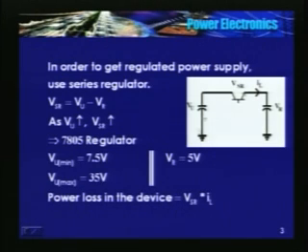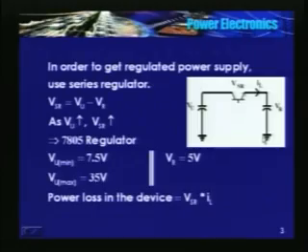If you see the specifications of the 7805, the unregulated minimum is 7.5, only then will you get a 5 volt regulated supply, and the maximum could be as high as 35. Till 35 you will get a regulated voltage of 5 volts.